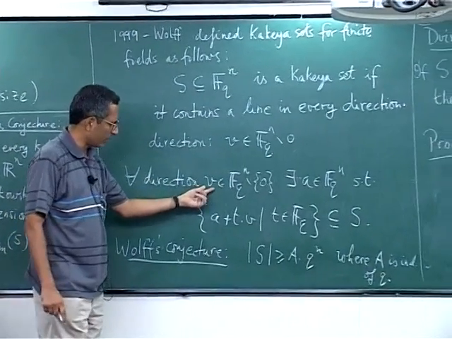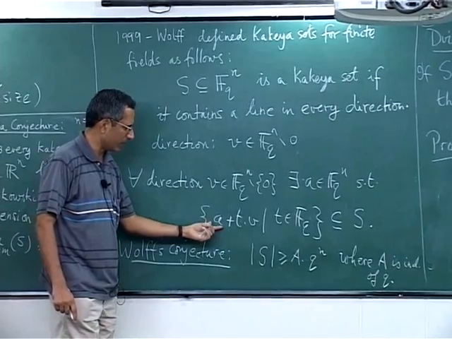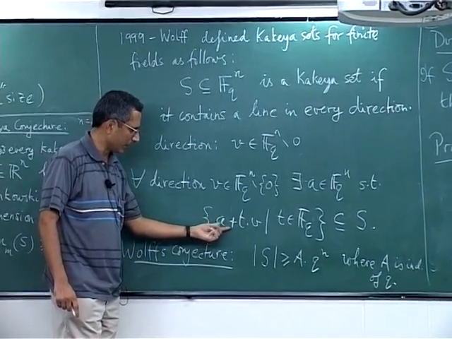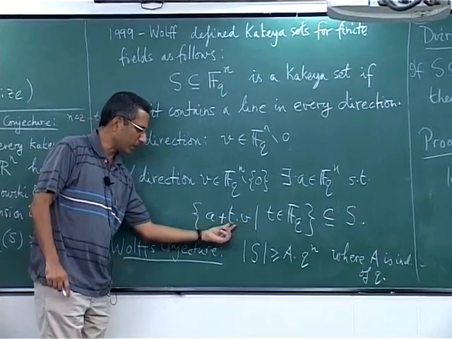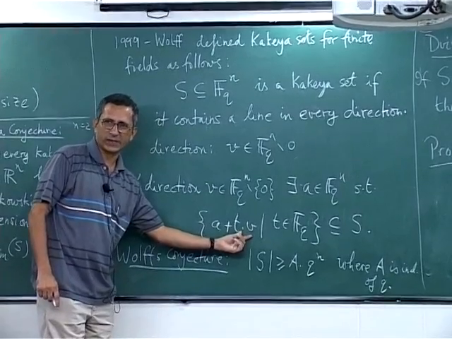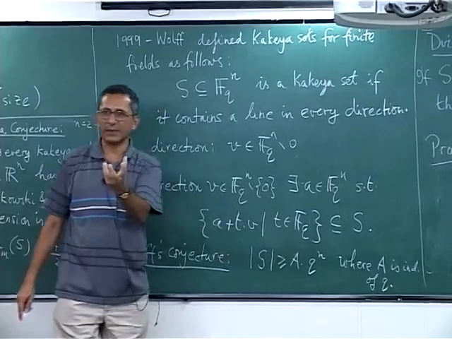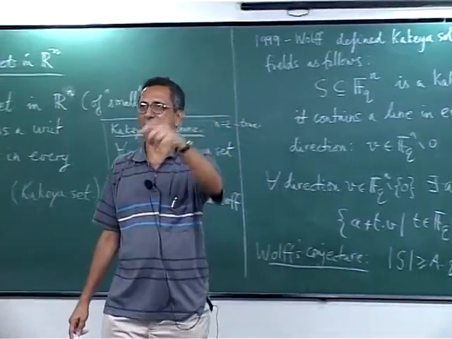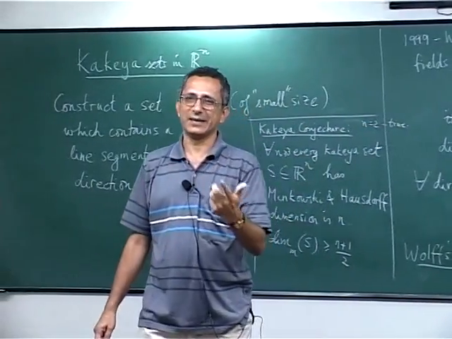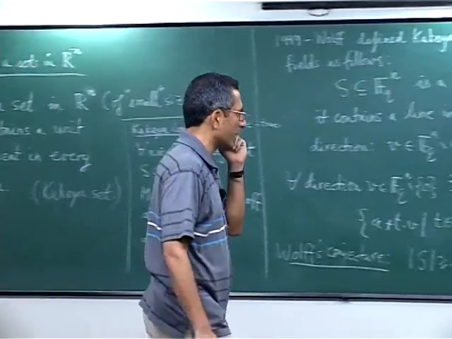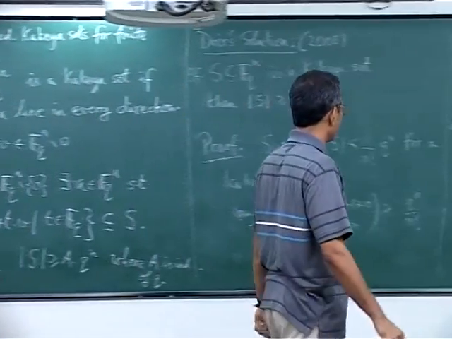What if we include the all-zeros vector as well? Does this make a huge difference? It doesn't, because if v is all zeros, t times v is anyway all zeros. So this is just a single point, and S is a non-empty set, so obviously it contains a line in that trivial sense. So v̄ equal to 0 is not a problem at all.